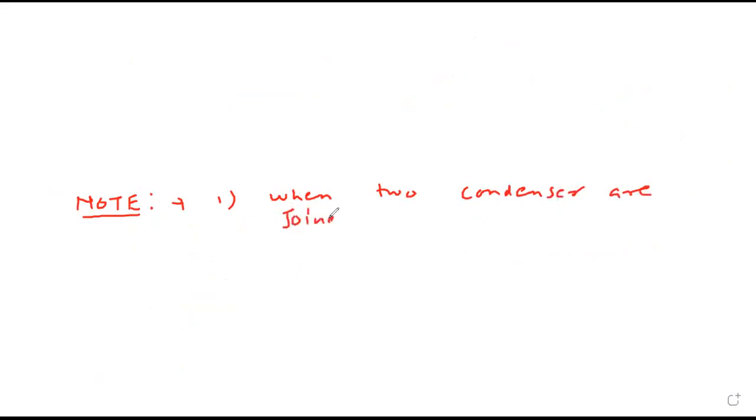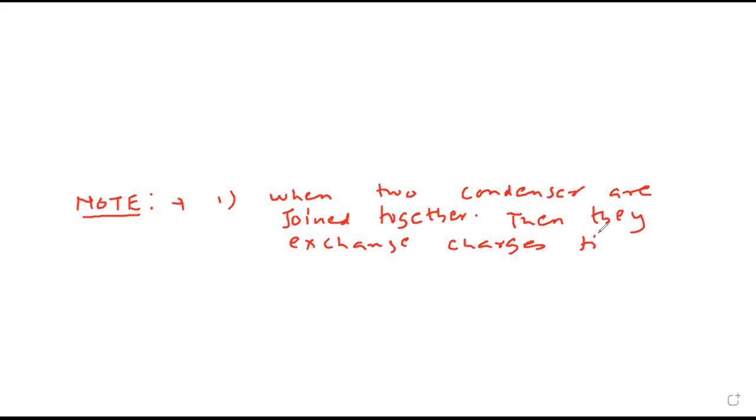Now just see that note, how the charge gets divided. When two condensers are joined together, they exchange charges till the voltage of the first becomes the same as the second.